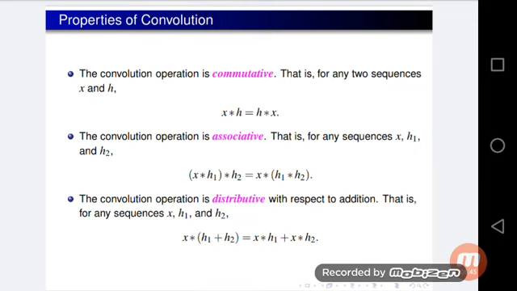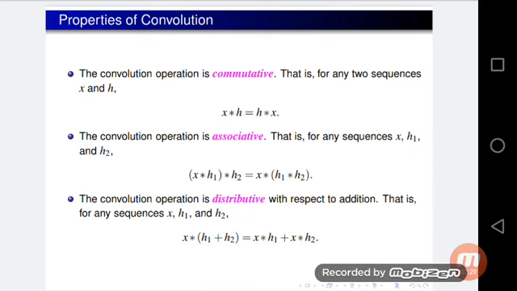That means when we are using the properties of convolutions, we can easily change the equation as is convenient. Why? Because it is more convenient to rotate or shift the data, from x into h1 into h2 or x into h1 plus h2.